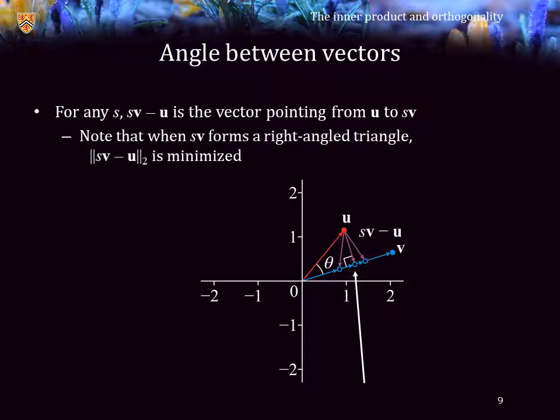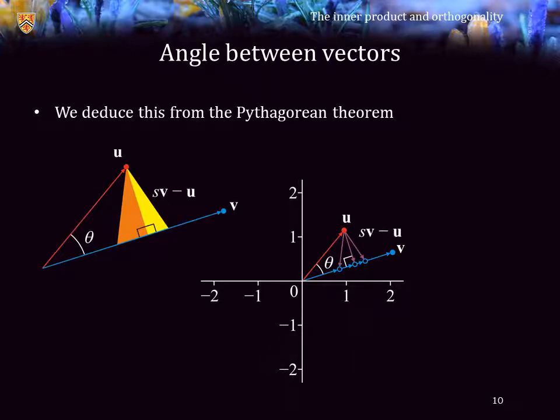Now, we want that scalar multiple of v right there that forms that right-angled triangle. That is, we want that scalar multiple of v such that the length of the difference, or the vector from u to s times v, is minimized. Now, why is that? Well, we can actually deduce that from the Pythagorean theorem.